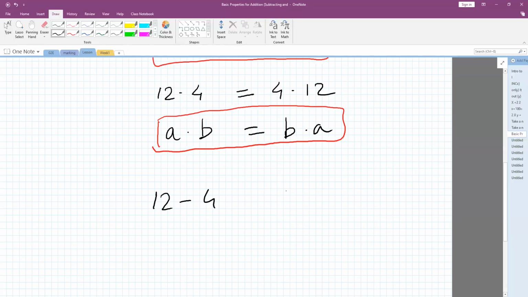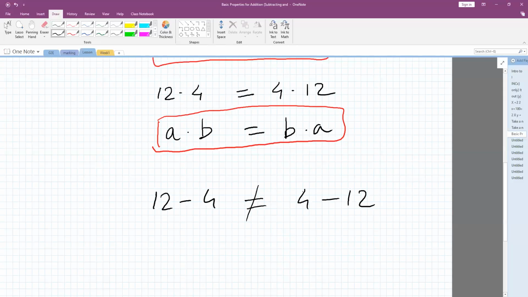But you can't swap them, because it will give you a negative number. So what do you think, with subtraction you can't use the commutative law?